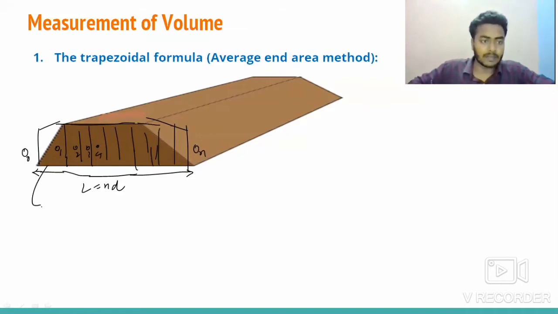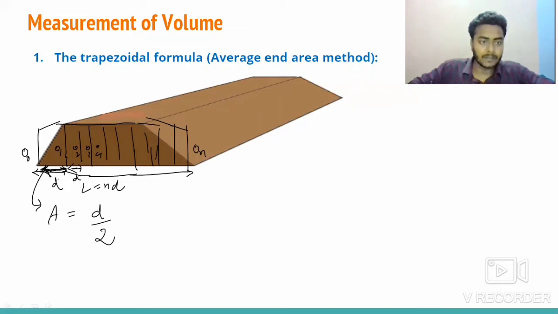So how can we calculate the area? We have discussed the trapezoidal formula. That was d by 2, where d is the distance between two successive ordinates or offsets. Means the whole length we have divided into n number of parts, so the length of one division will be d.